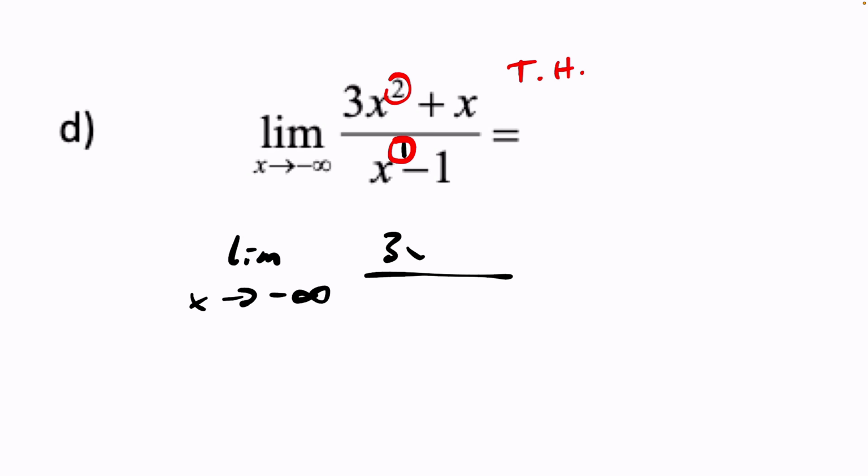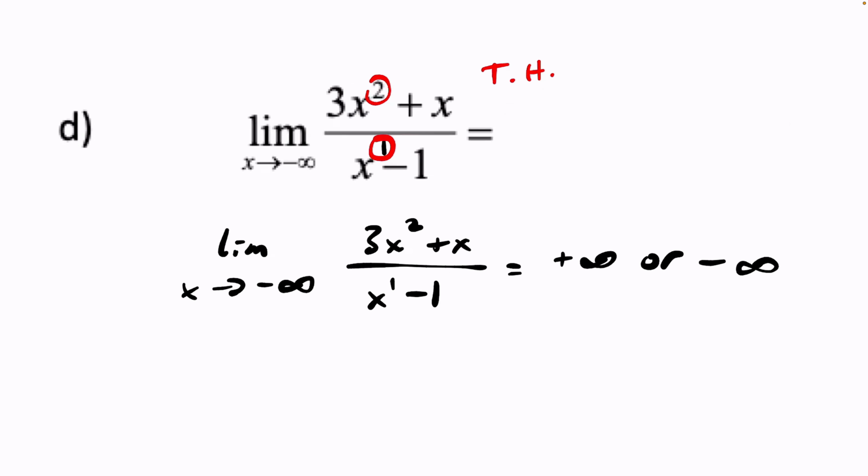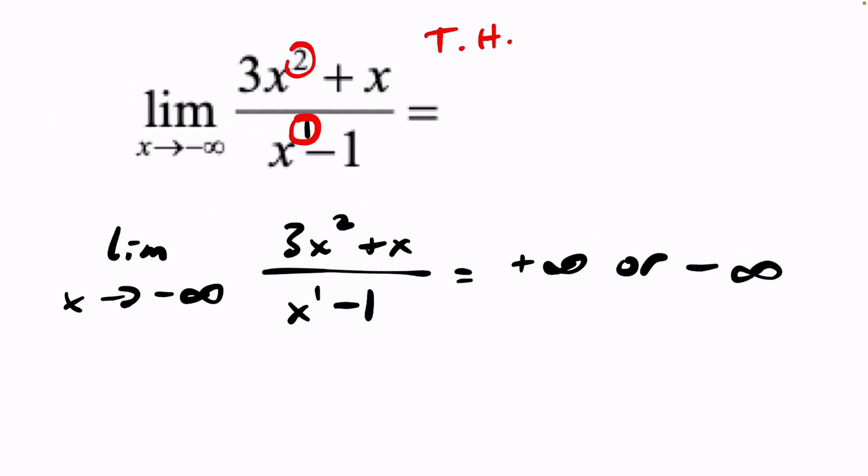We get 3x squared plus x, and then I get x to the first minus 1. We know it's top heavy. So our answer is either going to be positive infinity or negative infinity, right? We said that. We got to figure out which one though.